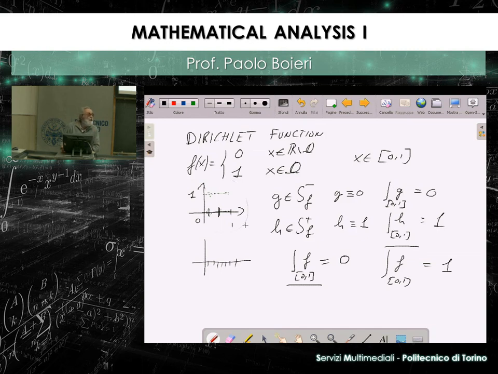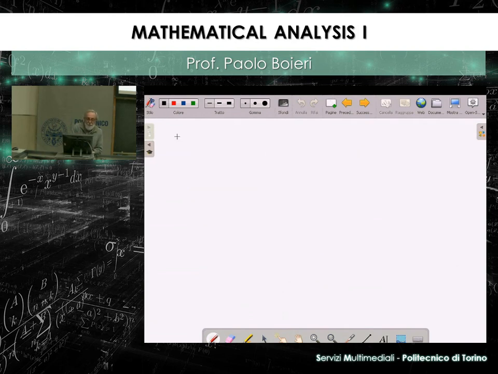Some of you will see in the future that the Lebesgue definition of the integral, in this case, gives a definition of integral for this function. Okay, and the integral of this function will turn out to be 0. And this is different.